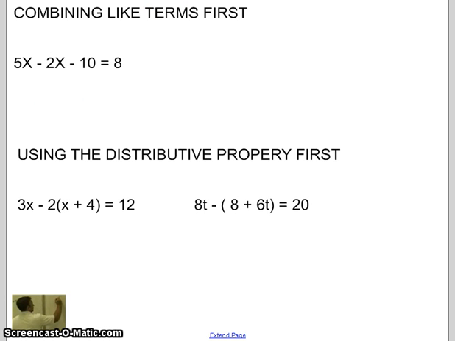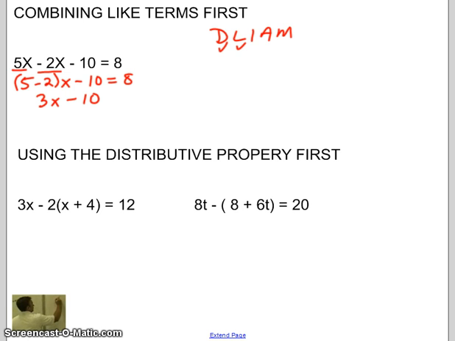Alright. In some cases, we're going to combine like terms first or use the distributive property. So let's use our acronym again. Alright, no distributive property. Like terms? Yes, we do. We have 5x and negative 2x. Okay, so 5x and negative 2x, we're going to combine them first. So we have 3x minus 10 equals 8.